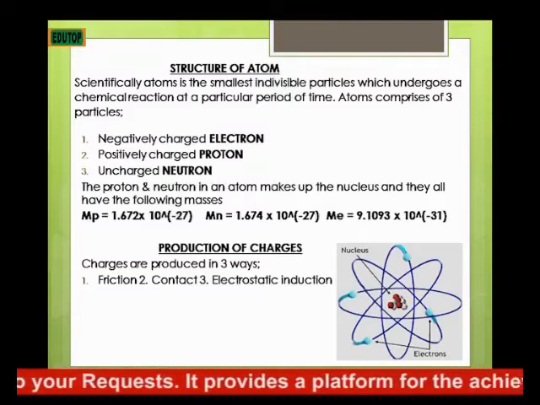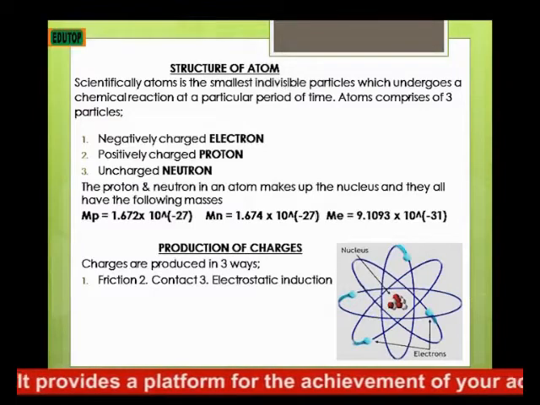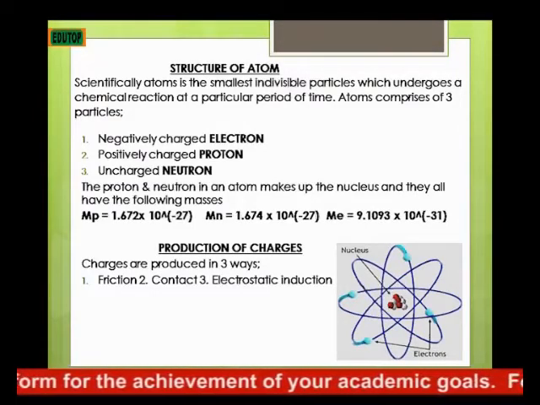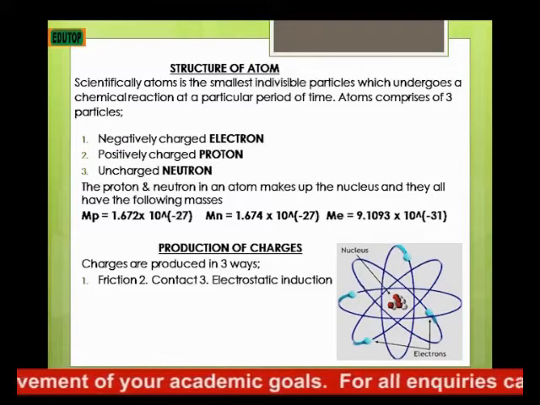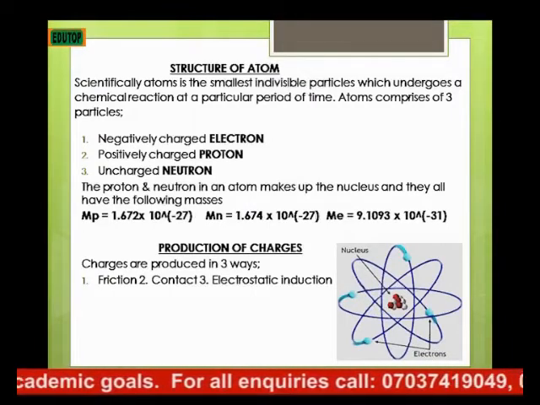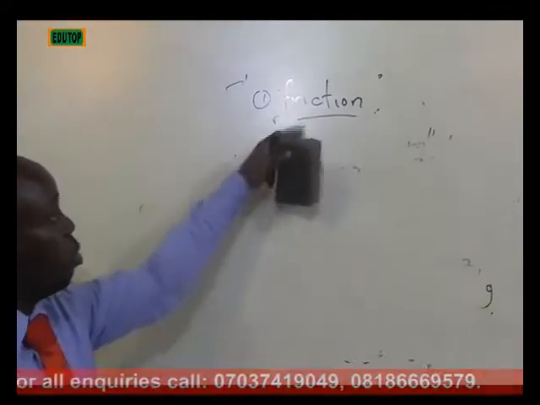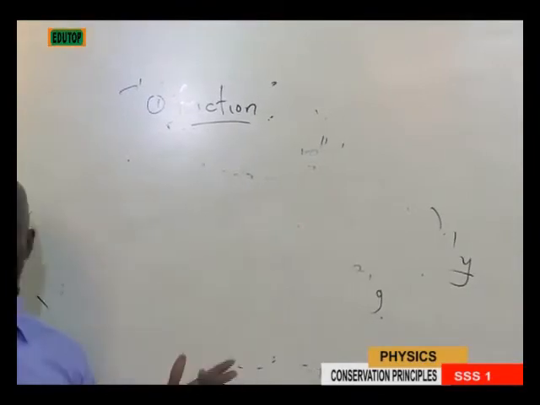Now, let's see how these particular charges are produced. How do you produce electrical charges in physics? Let's start with number 1. The first method of production of charges is friction. If you recall from your foundational physics, we were made to understand that friction definitely makes life easier.